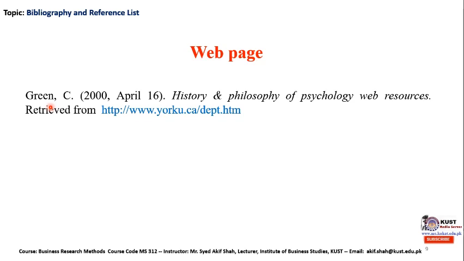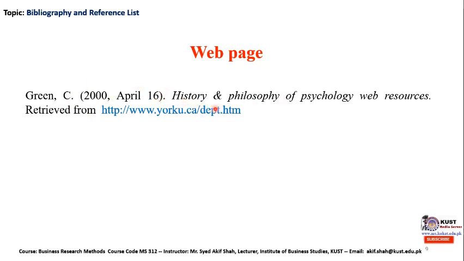You can also refer to an authentic website URL in your research work. The process is very simple: the statement or article written by Green C on April 16, 2000, in parentheses, then put a full stop.